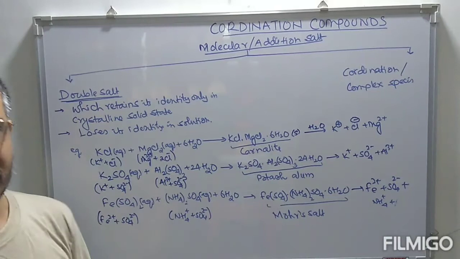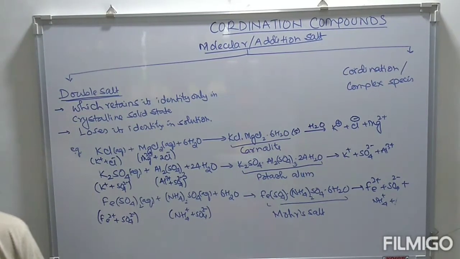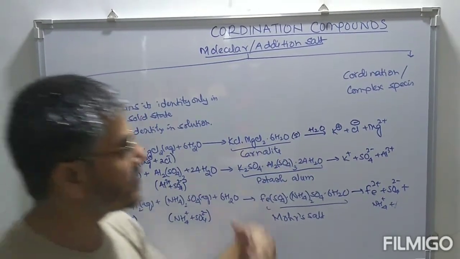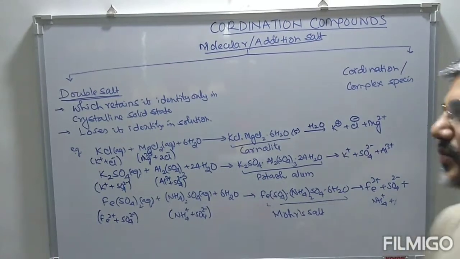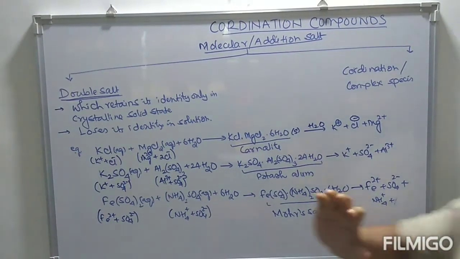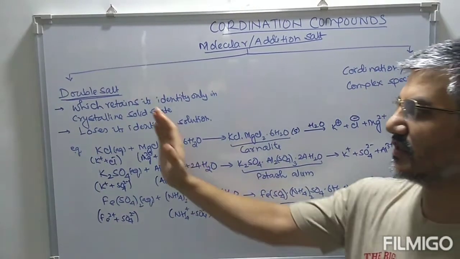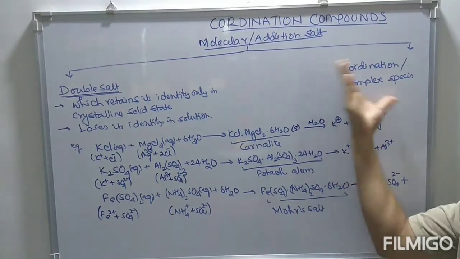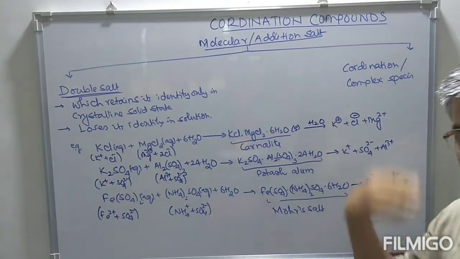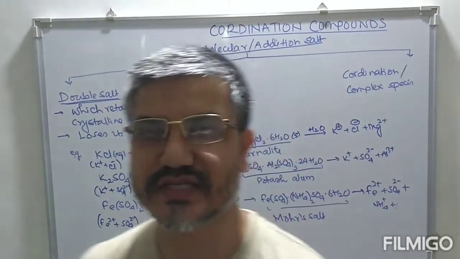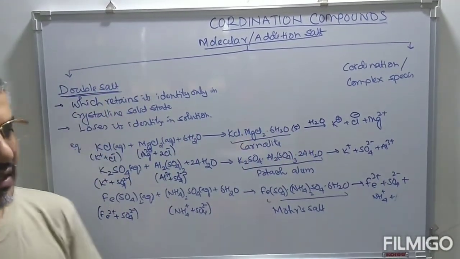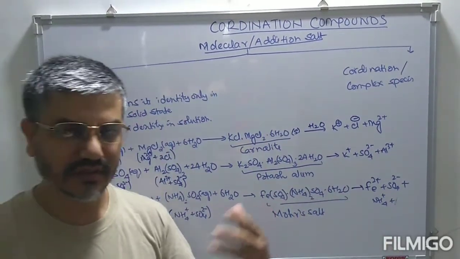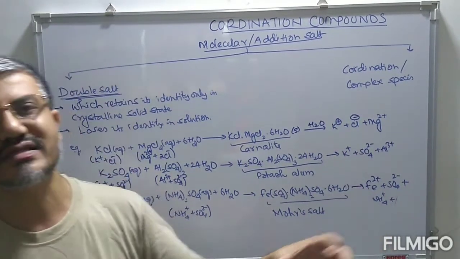So that means in double salt, each and every individual ion will show the positive test. So we have shown this here. Then the second category is coordination compound. Now double salt retains its identity only in crystalline state, whereas in case of coordination compounds, or the complex compound or the coordination complex species, that species retains its identity in both aqueous solution as well as the crystalline state.